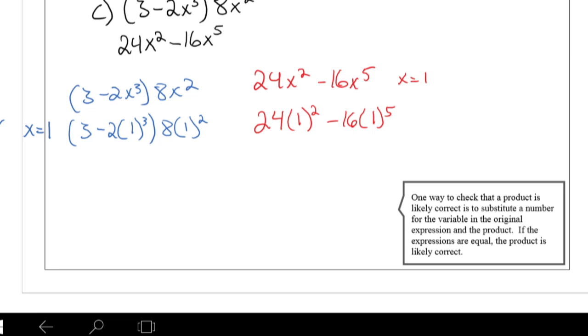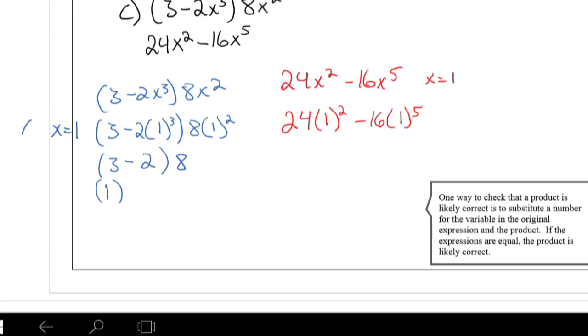All right, so if I do my exponents first, what I'm going to end up with in the blue here is 3 minus 2, and then outside of my brackets I have 8. 3 minus 2 is going to give me 1, and 1 times 8 gives me 8.